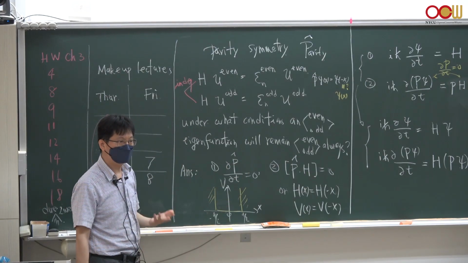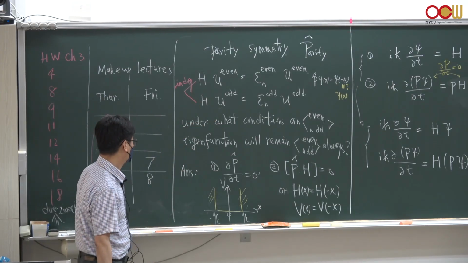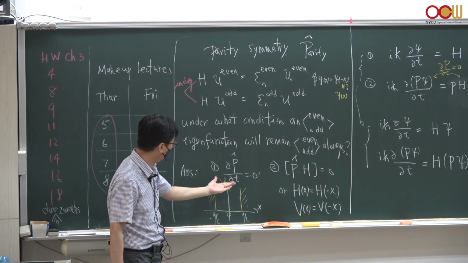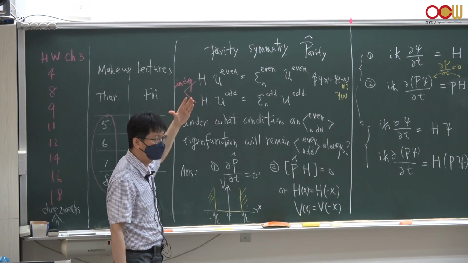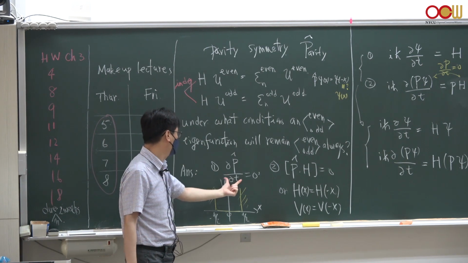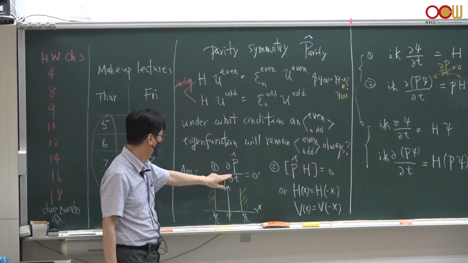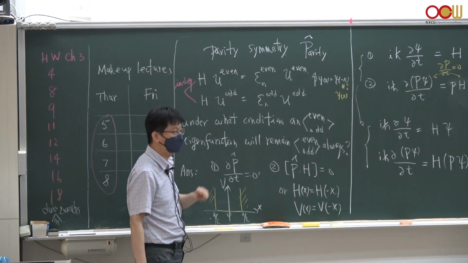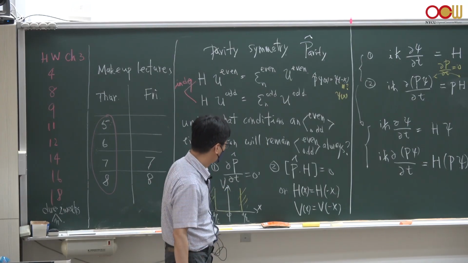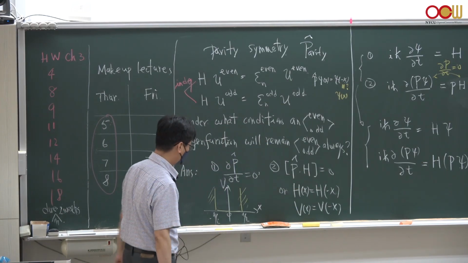Okay, so under what conditions can we have such a situation? Well, there are two conditions that we need to satisfy in order to have decoupled even and odd eigenfunctions. The first condition is that the parity operator is not an explicitly time-dependent function, meaning the partial time derivative of the parity operator vanishes. The second condition is that the parity operator commutes with the Hamiltonian.